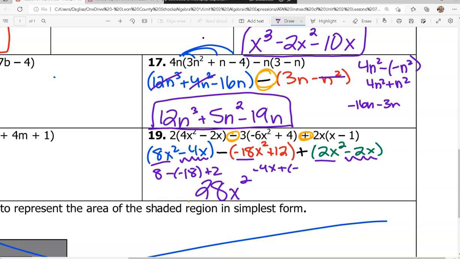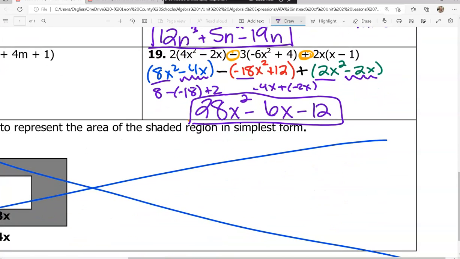So plus negative 2x. That does give me negative 6x. And then you do plus 12. Is it plus 12? What's in front of that parenthesis? A subtraction. So it's not going to be plus 12. It's going to be minus 12. Watch out. Basically done.